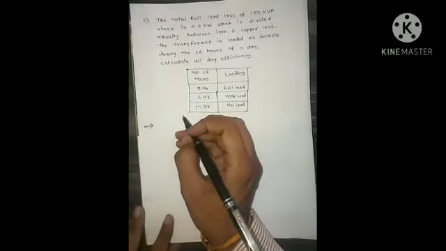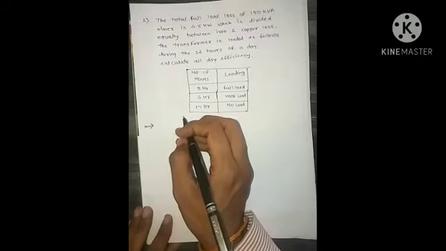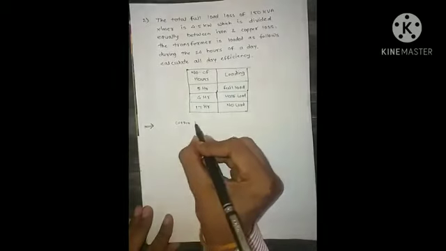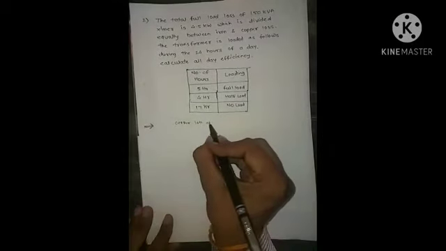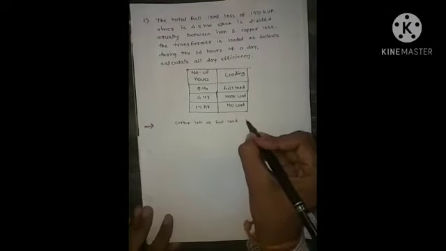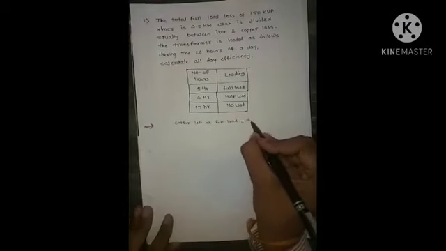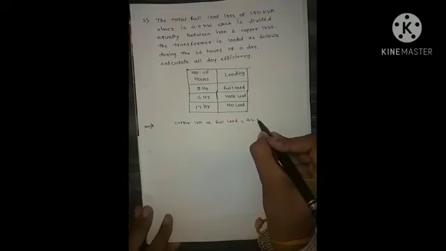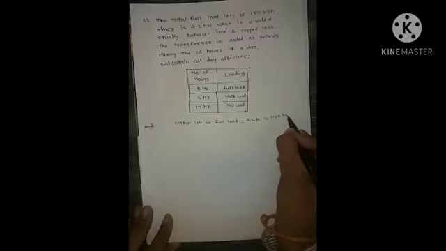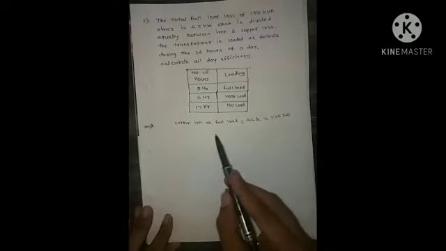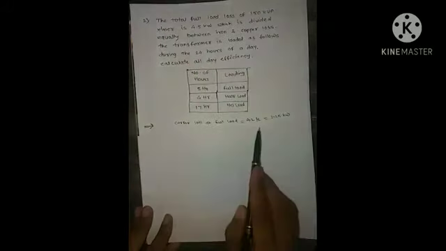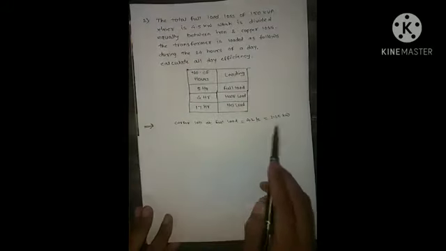For this numerical we have to calculate the copper loss at full load. Copper loss at full load equals 4.5 kilowatt upon 2 equals 2.25 kilowatt.